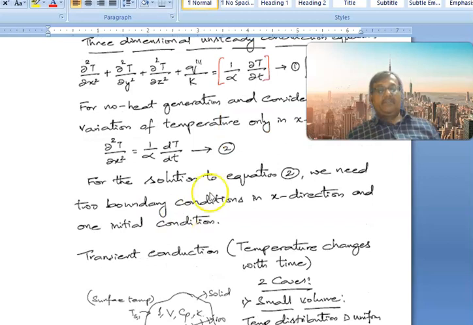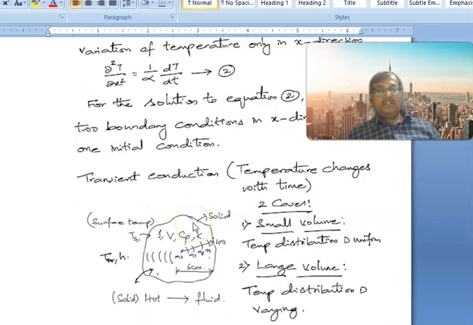For the solution to equation 2, we need two boundary conditions in the x direction and one initial condition. So transient conduction is temperature change with time. Let me consider this is the space where we are giving heat inside. This is the surface temperature, this is a solid which has density, volume, specific heat, thermal conductivity.